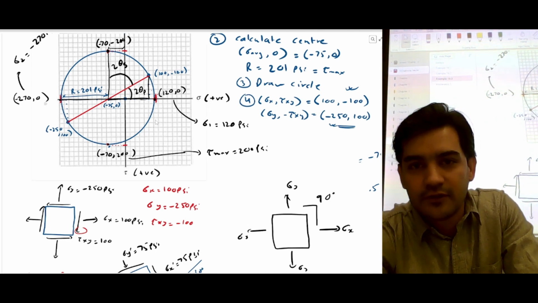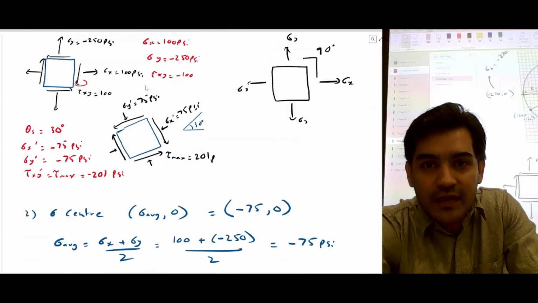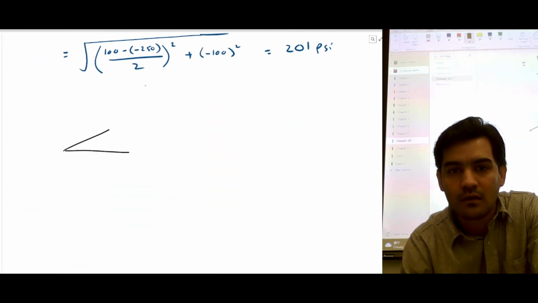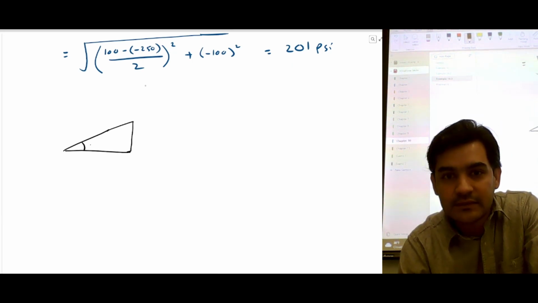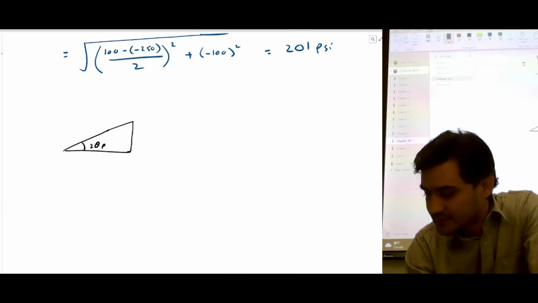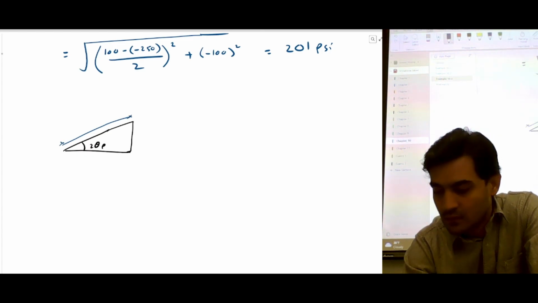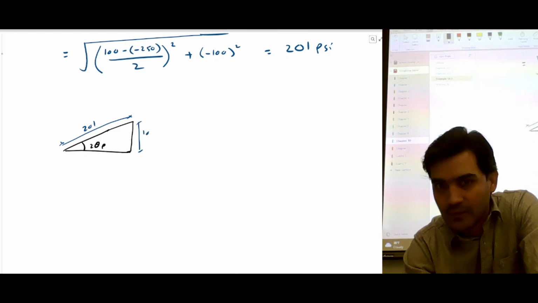So I can calculate for you guys. I can just extract this triangle here. This is 2 theta p, right? This distance is 201, which is the radius. This distance is 100.